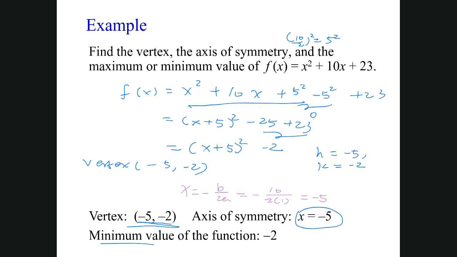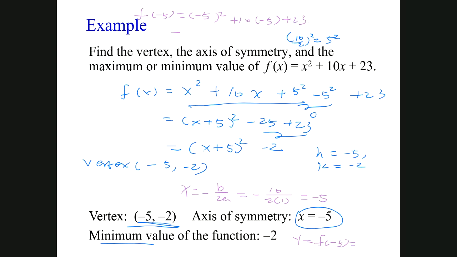And how do I find the vertex for the y? Well, the vertex for the y is f of negative 5. So I'm going to plug this negative 5 back into this equation. f of negative 5 will be negative 5 squared plus 10 times negative 5 plus 23.